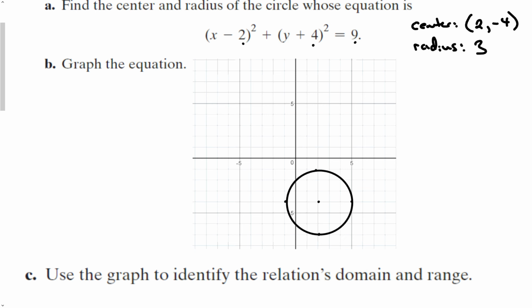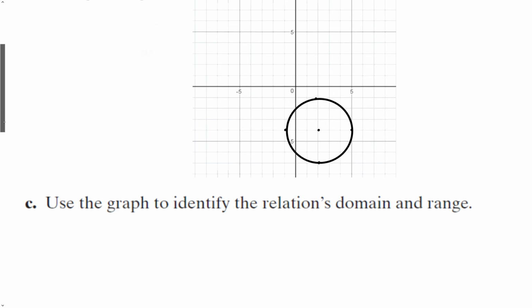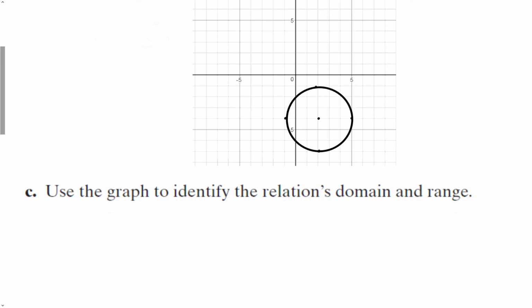Let's use the graph now to identify the relation's domain and range. Remember, this is not a function, it fails the vertical line test, but they are still things that we can graph, obviously, and write equations for, like we've been doing. So now if I look at the domain, it is going to be the x values for which it's defined.